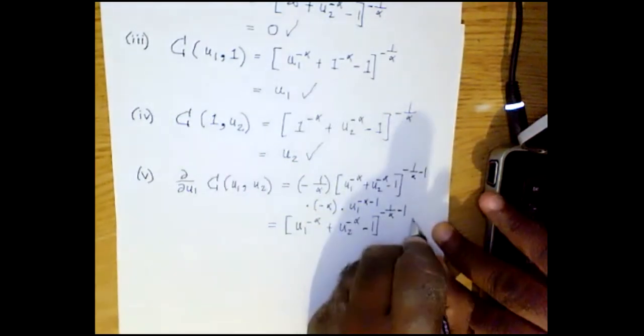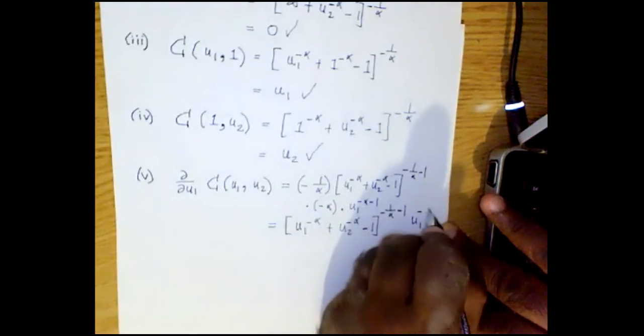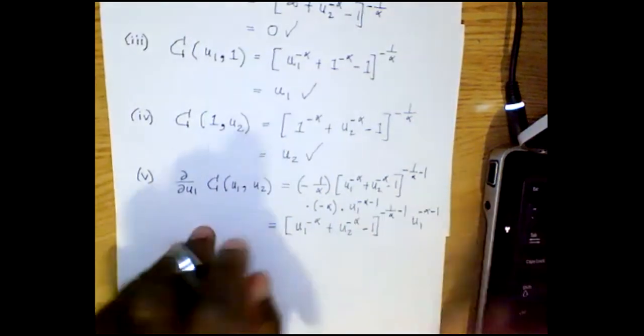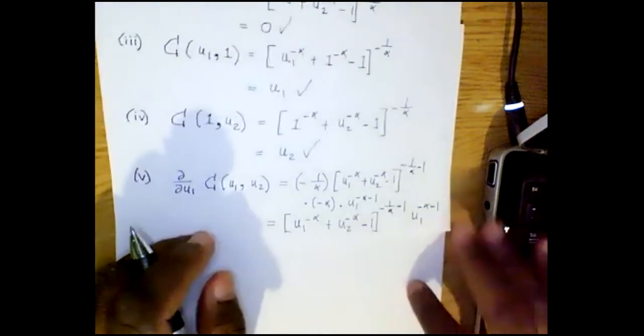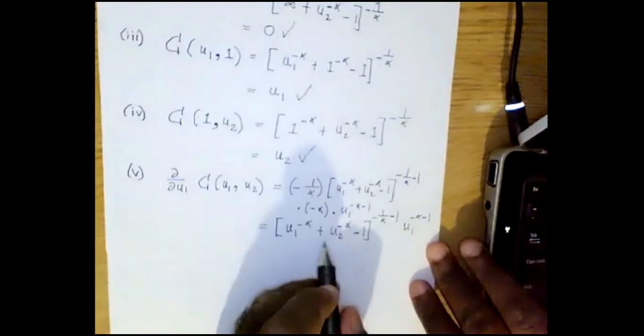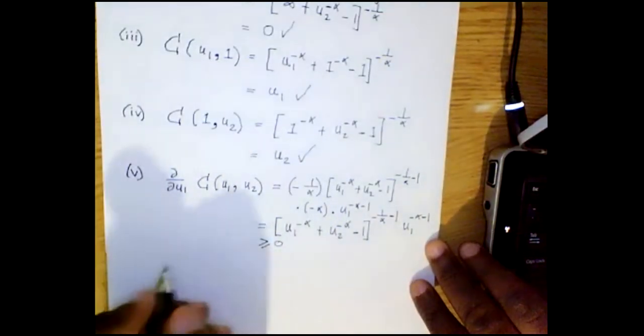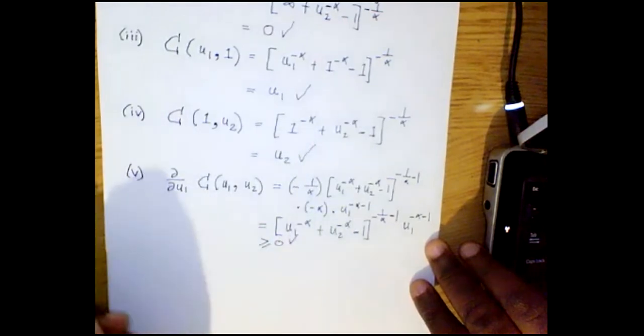So you get U1, and clearly this is non-negative, this is non-negative, so this is satisfied. Okay. All right.